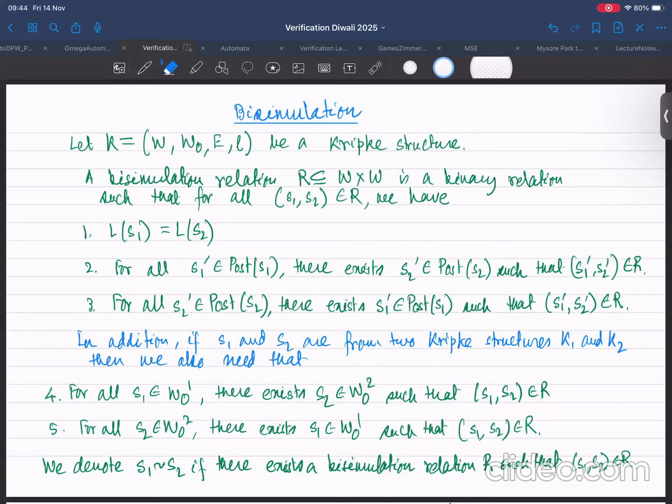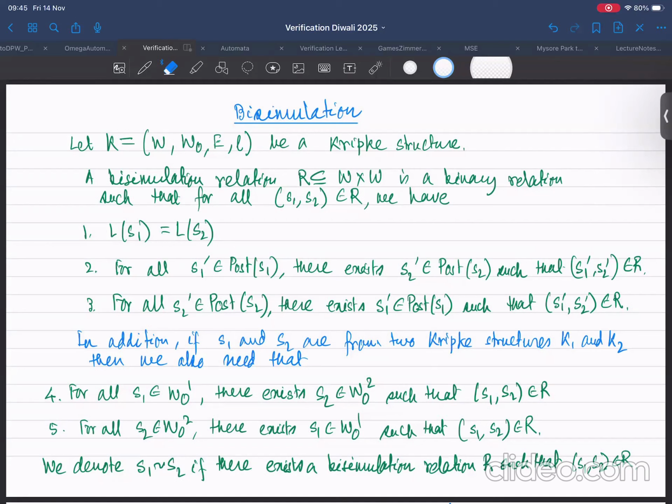Bisimulation is a stronger notion of equivalence: if two states or two Kripke structures are bisimilar, then they are also language equivalent, but it's not necessarily the other way around.